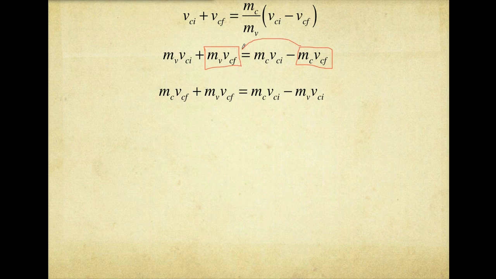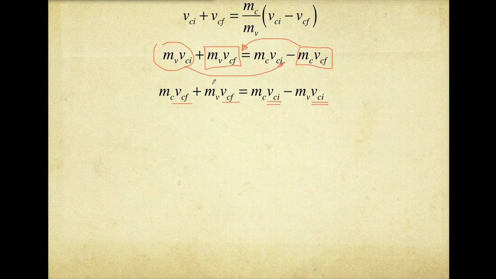So I'm going to put it on the other side of the equation with a plus, hence I ended up with this. And then this right here is my initial velocity of the car. I'm going to put it on the other side again with a minus. So I rearranged these guys.